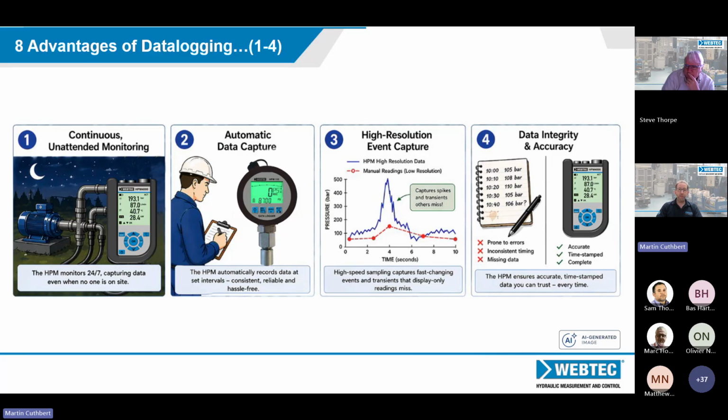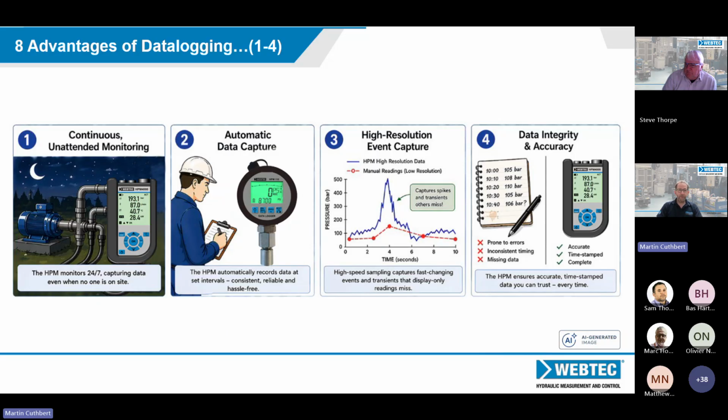And when you plot that data, you can then see that very clearly graphically. The fourth example there on the right is around data integrity and accuracy. If you're writing down information, it may come down to your handwriting. Is that a 1 or is that a 7? It may come down to has that data all been recorded at the same time?